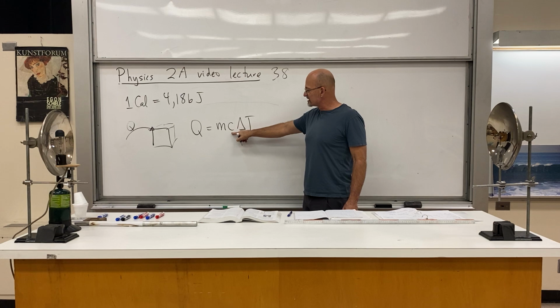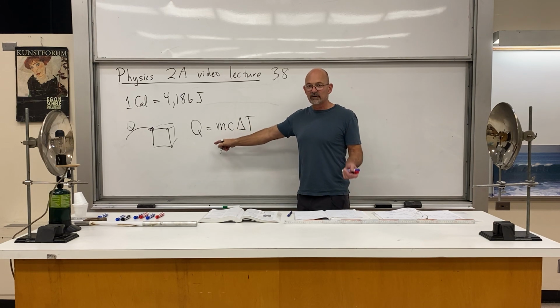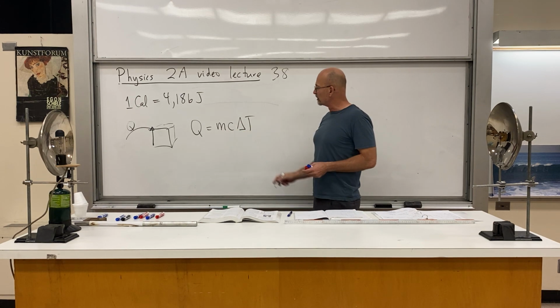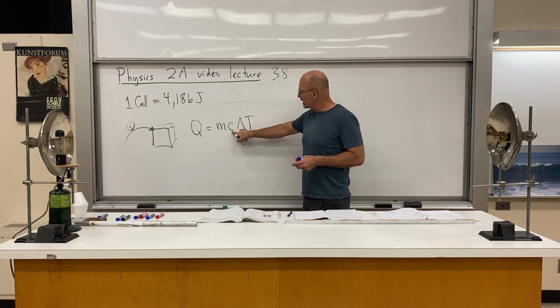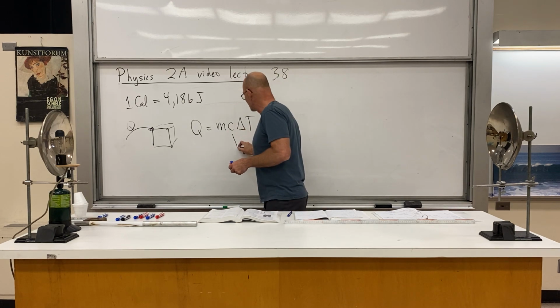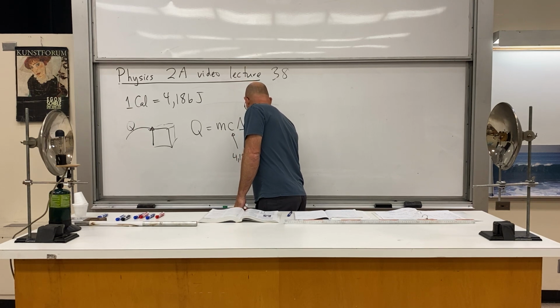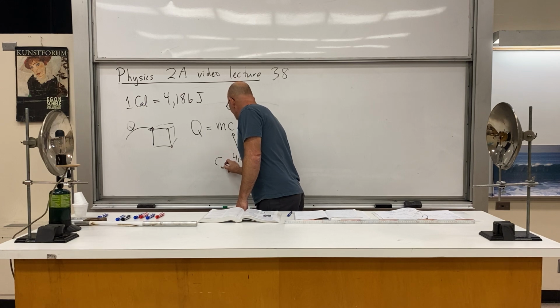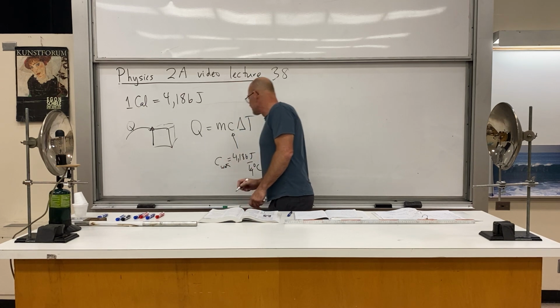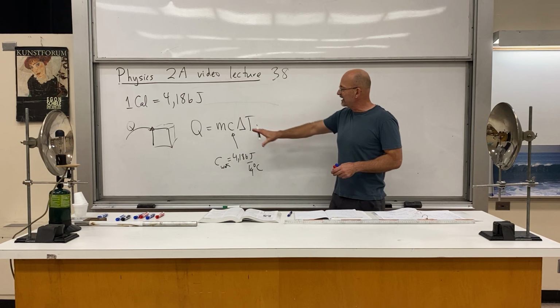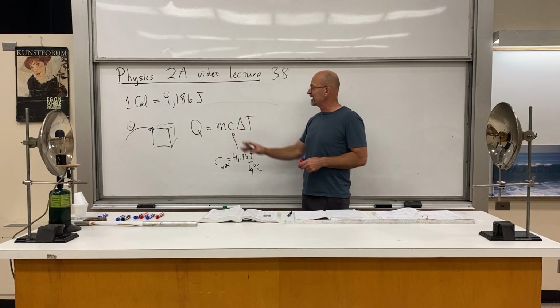And I asked you guys to make a little table of them in your notes. You also have a table of them in your book. 4,186 joules per kilogram degree Celsius, c sub water. Okay. As an example, but any substance has a specific heat capacity.